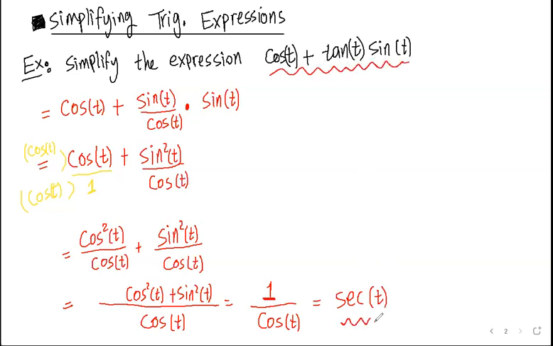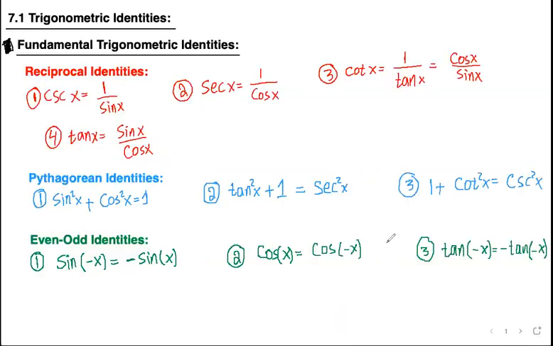Secant. So this whole expression equals secant, actually. This is the simplifying of a trigonometric expression. I'm going to give you another example. Any question for this one before we move on? So simplify means use the identities.